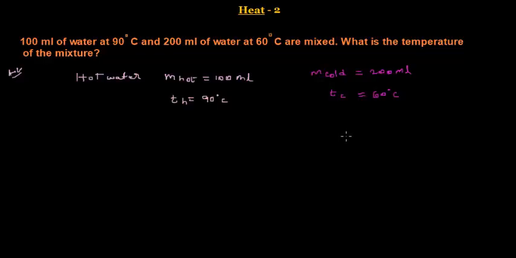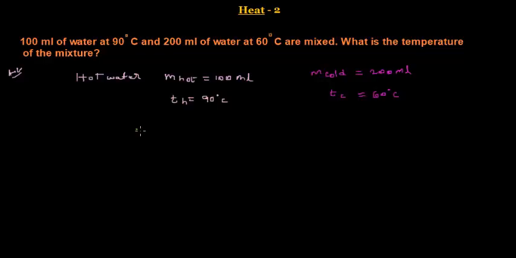Now let us understand this problem. When water at a higher temperature is mixed with water at a lower temperature, you will get a temperature which is in between both the temperatures. That is called equilibrium. Now let us write down what equilibrium means.